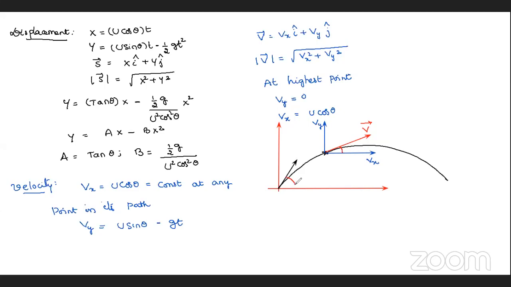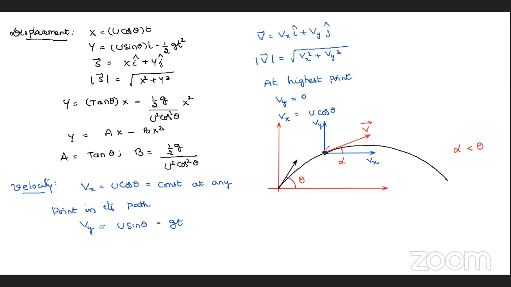One thing I can say: suppose it is projected with an angle theta, surely this angle is less than theta. Will you accept my point from the diagram? Yes, good. Suppose I take it as alpha, from the diagram we can say alpha is surely less than theta.